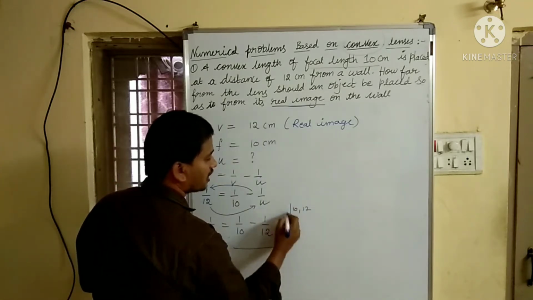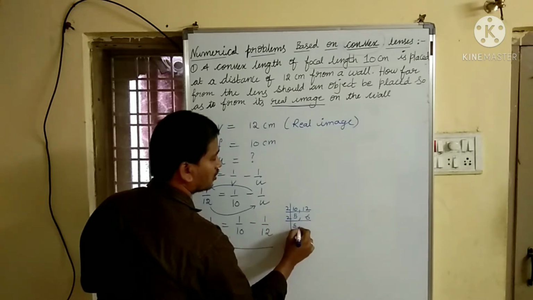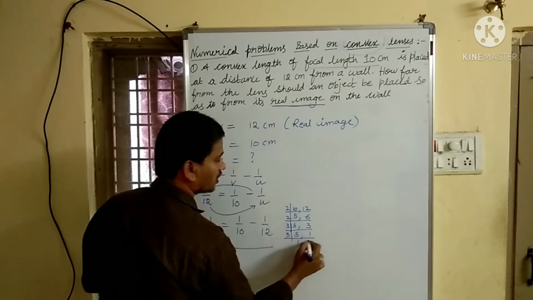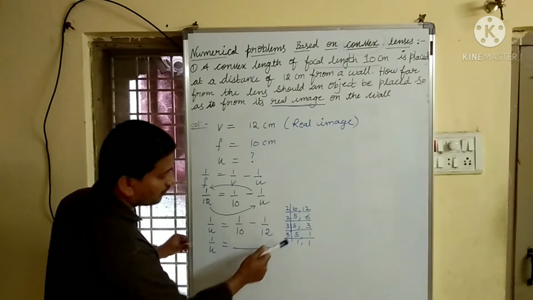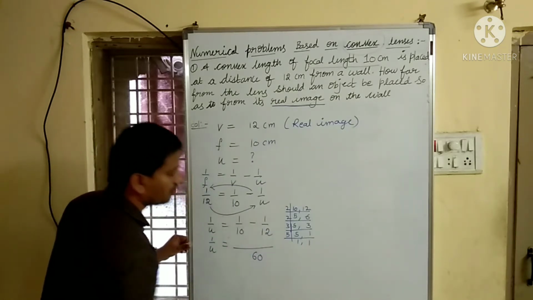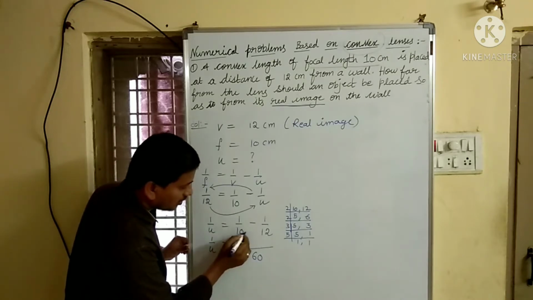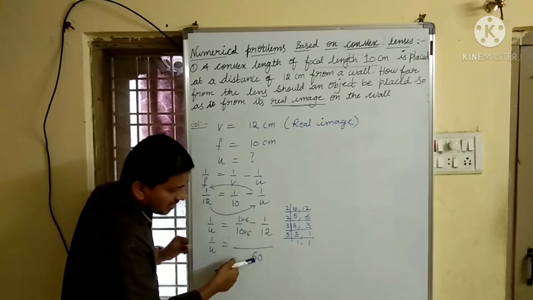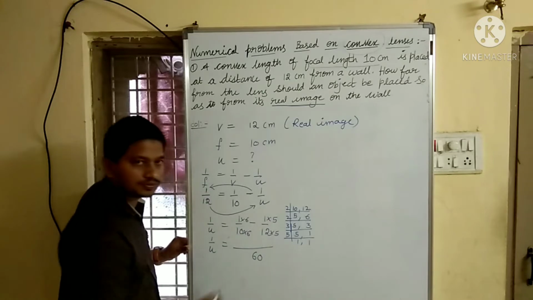The LCM is 60. 10 times 6 is 60, and 12 times 5 is 60.